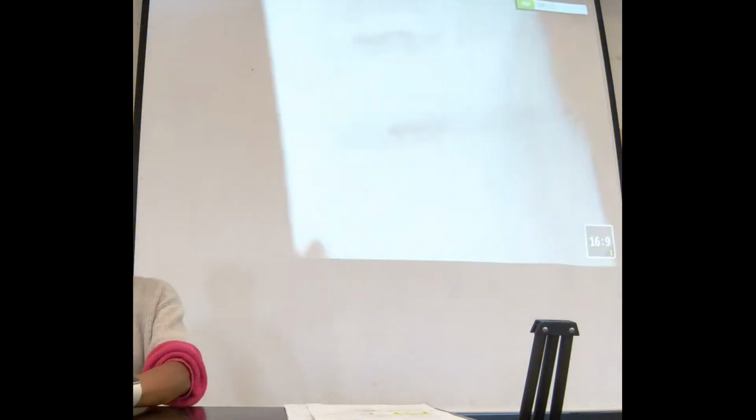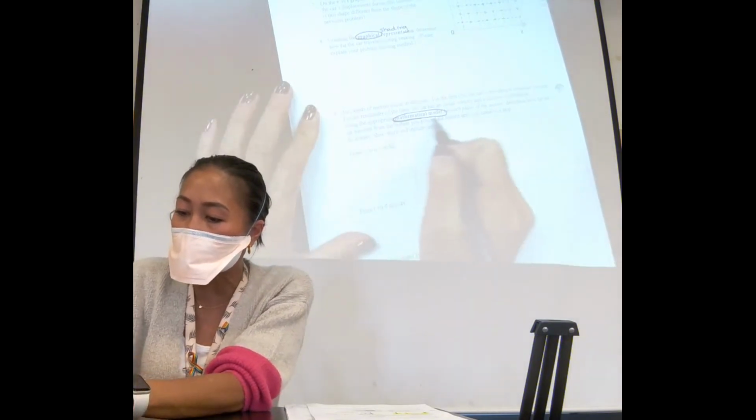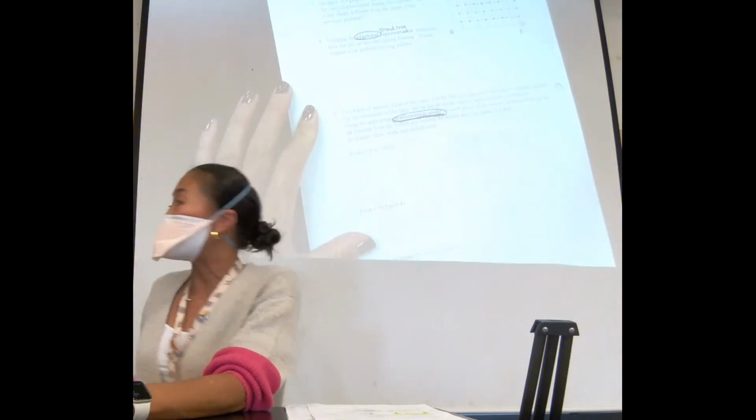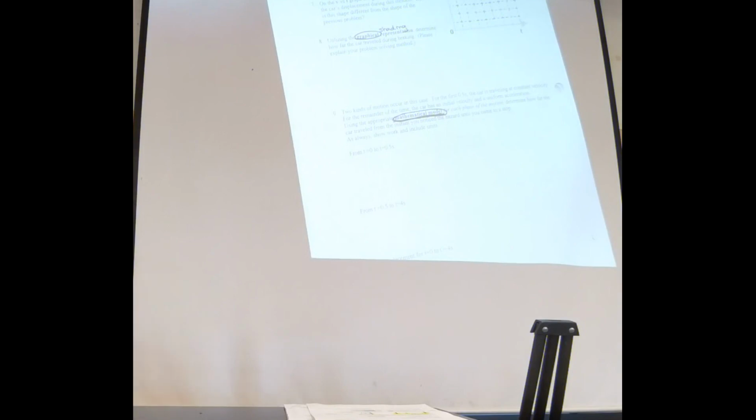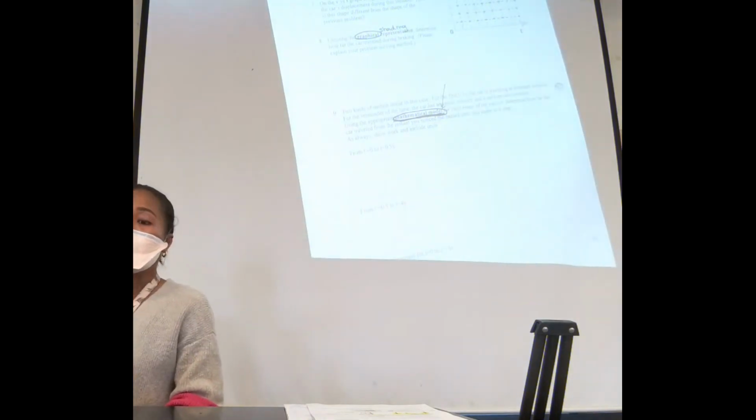So over here where it says, use the appropriate mathematical model. When you're writing a mathematical model, you want to use the appropriate variable. So instead of base times height, you want to use velocity and time. We did that for the warm-up.